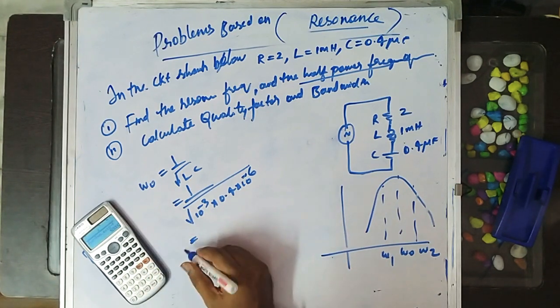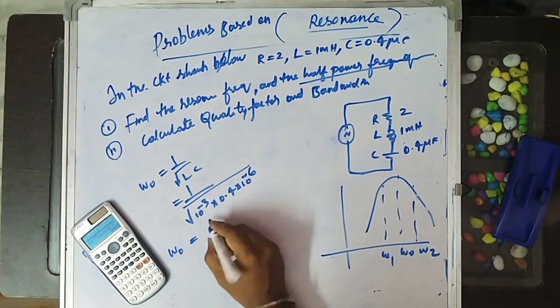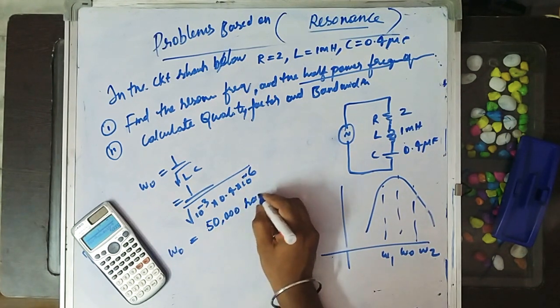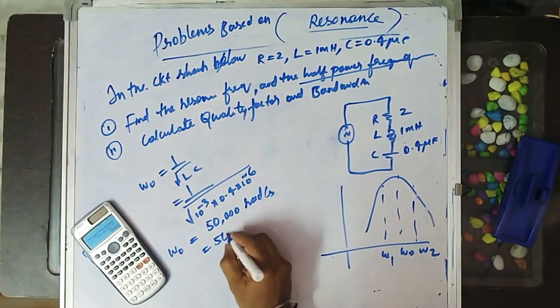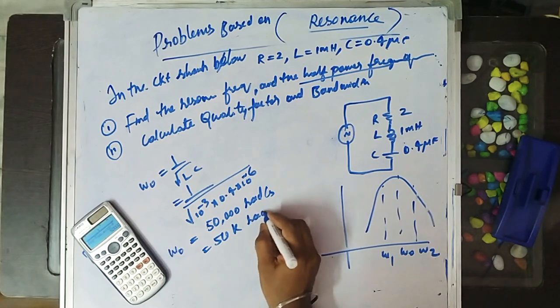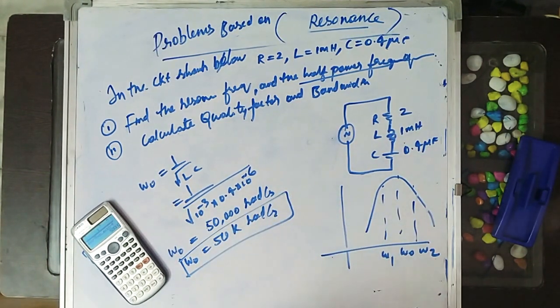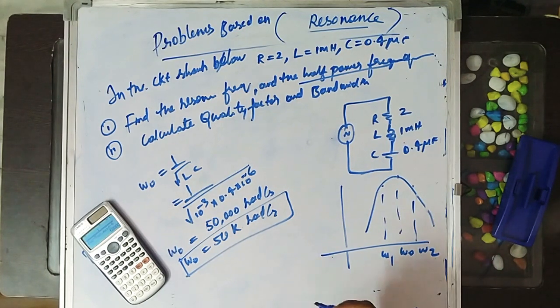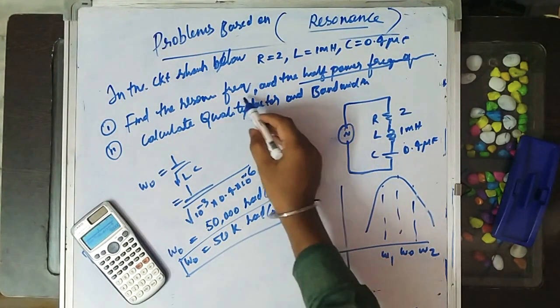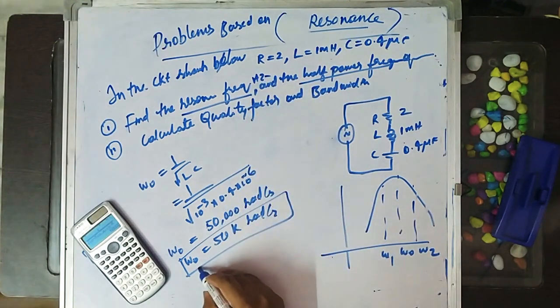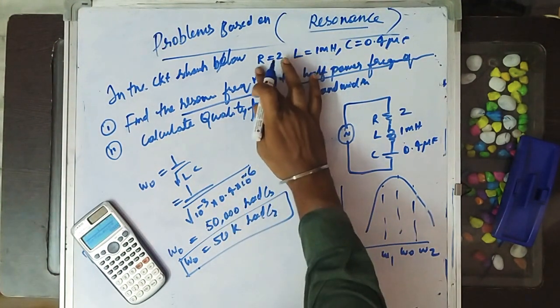Solving this, you will get a value omega naught equal to 50,000 radians per second, or 50k radians per second. Converting this value into hertz is your wish. If you ask for the resonance frequency in hertz, you can convert this. If you have not asked, you need not convert.